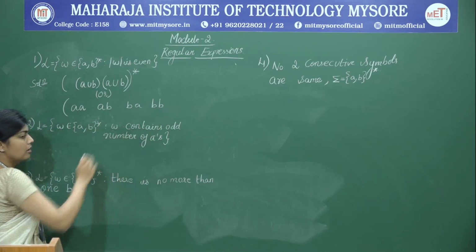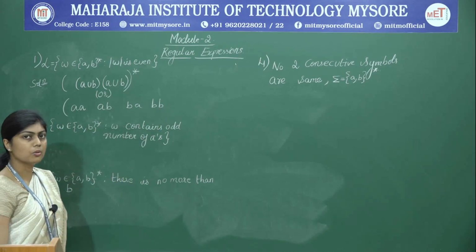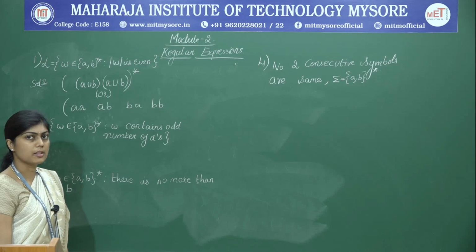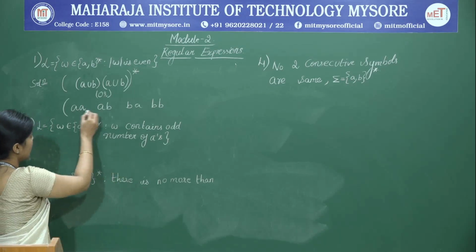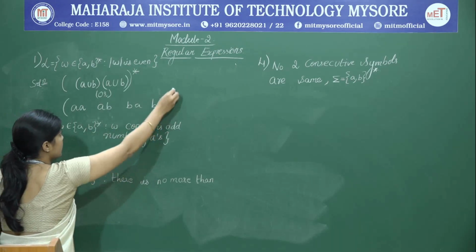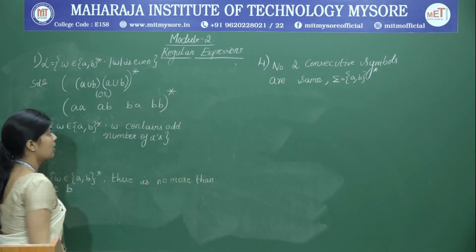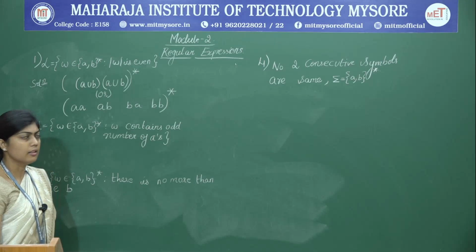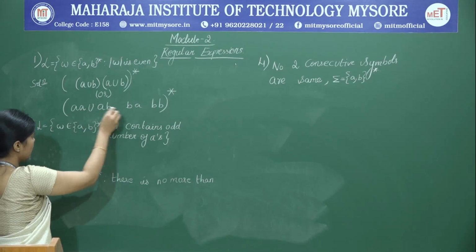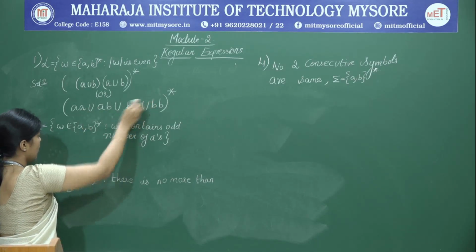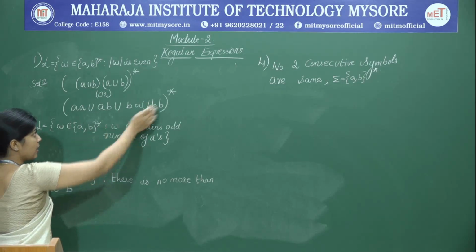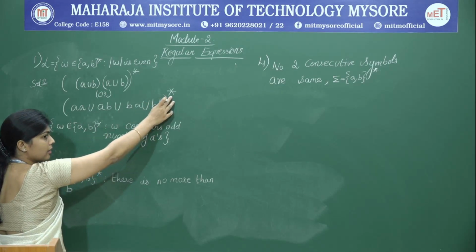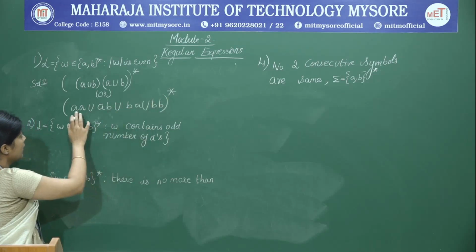These are the strings of length 2 that can be formed using the symbols a and b. If we repeat these n number of times, it is again possible for us to get even length strings. We will put a union in between all of them.